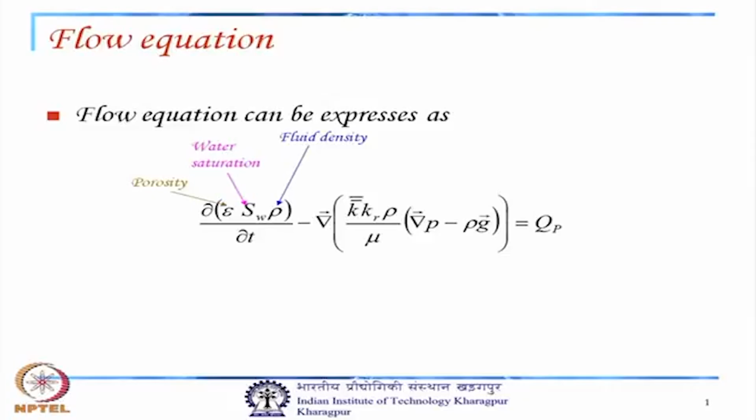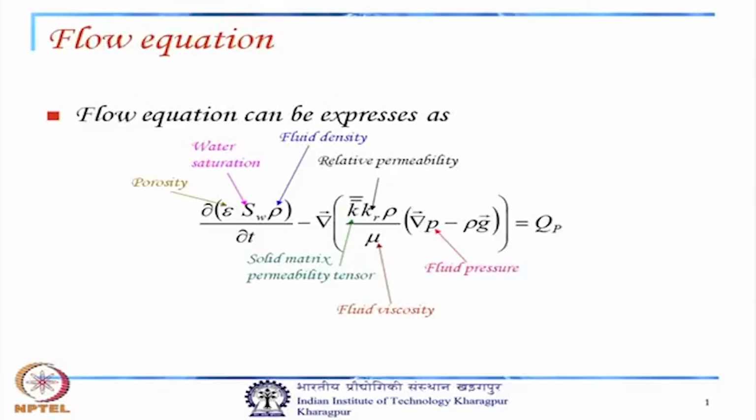Other parameters in this equation: the solid matrix permeability tensor, fluid viscosity, this is basically dynamic viscosity of the fluid, then relative permeability and fluid pressure, and we have fluid mass source.